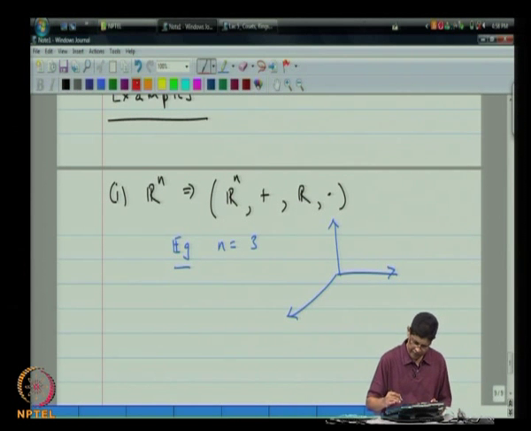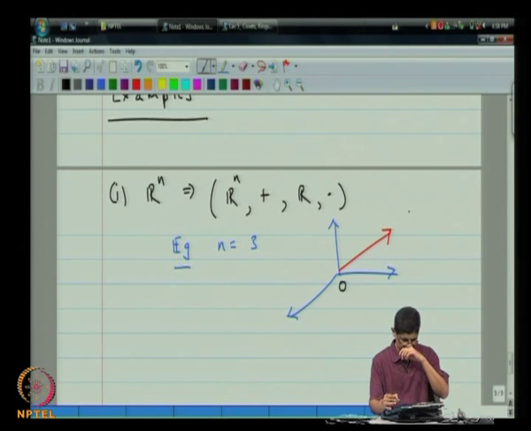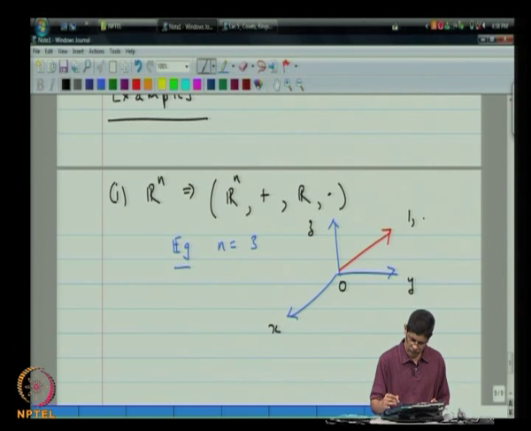A vector would then, let us say that this is the origin, and let us pretend that this is the point whose coordinates are 1, 3 and 2, with the x, the y and the z axis. Okay.